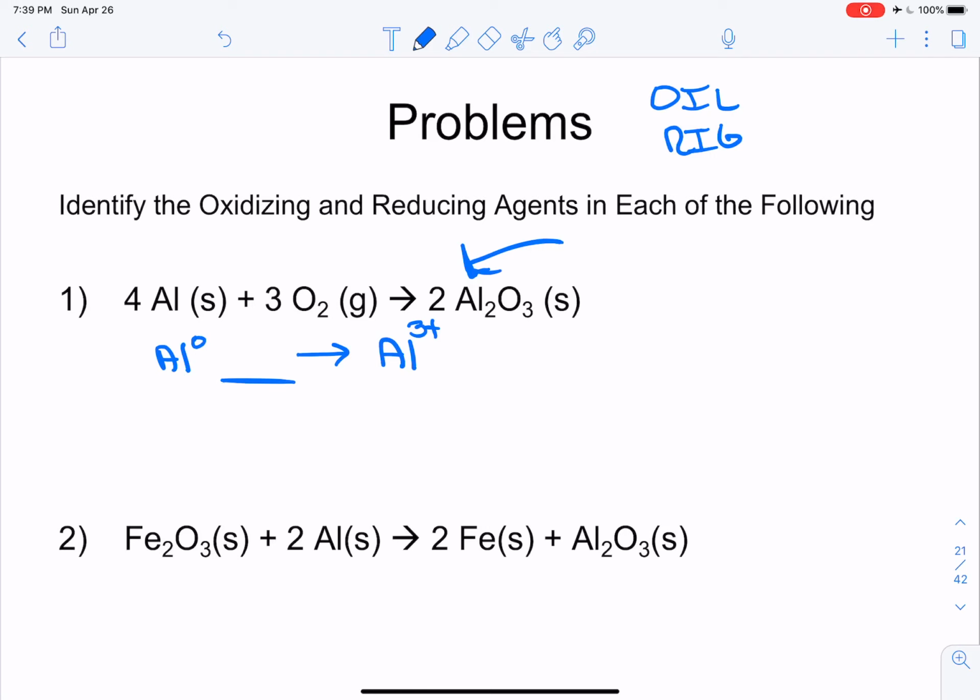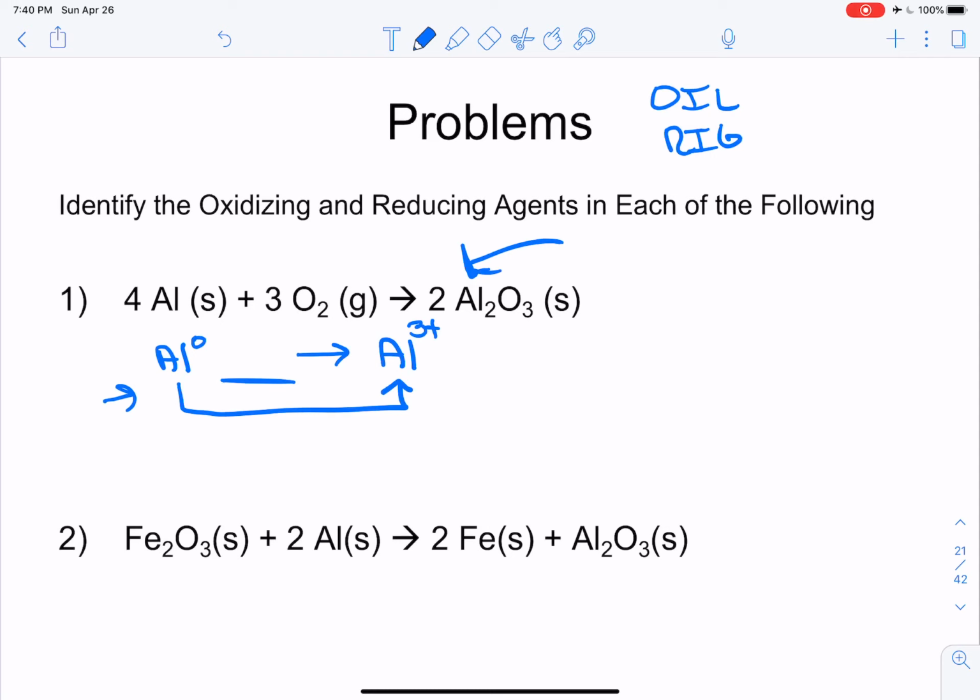Now, how do we go from a neutral charge to a +3? Do we add electrons to the aluminum with the neutral charge, the 0 oxidation number? Or do we give away electrons in order to go from 0 to +3? Well, in order to go from 0 to +3, to get more positive, you have to give away electrons.